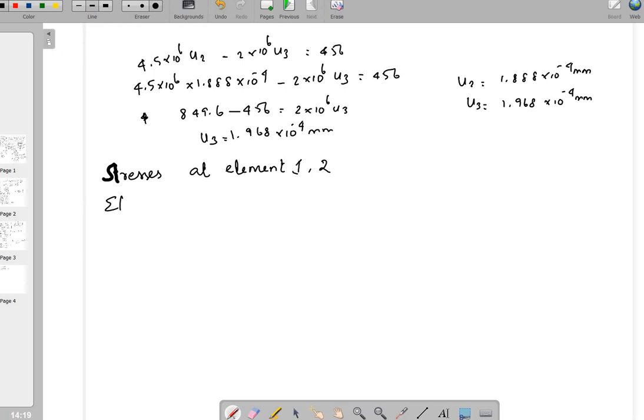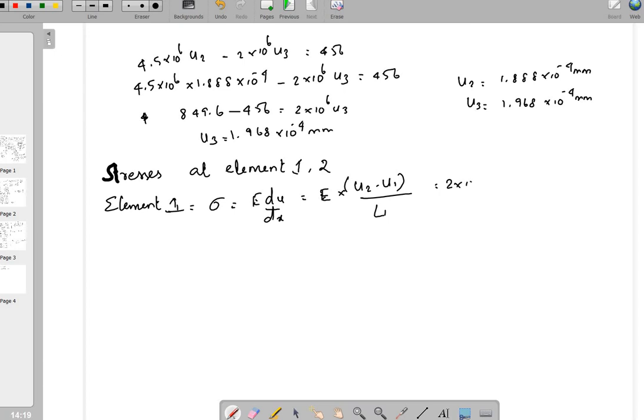First at element 1, we know the equation of sigma, that is E into du by dx. So I am writing E into u2 minus u1, the difference of displacement, by the length L1.